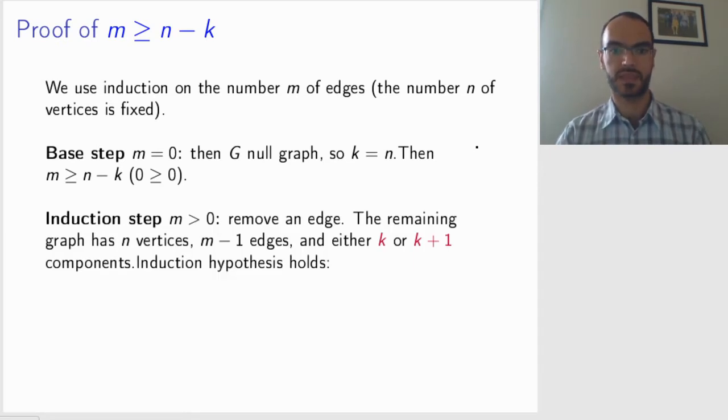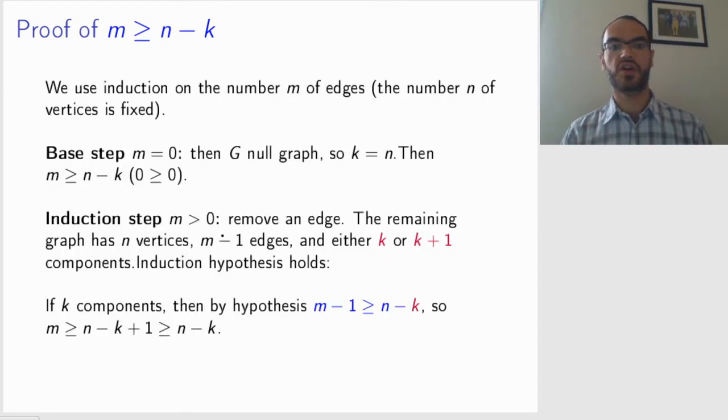By the induction hypothesis, we can assume that the graph that now remains satisfies the thing we want to prove because it has fewer edges. So we reduced our statement about m edges to the statement about m minus 1 edges. So for this graph, the induction hypothesis holds, meaning that m minus 1, the number of edges, is greater than or equal to n minus the number of components.